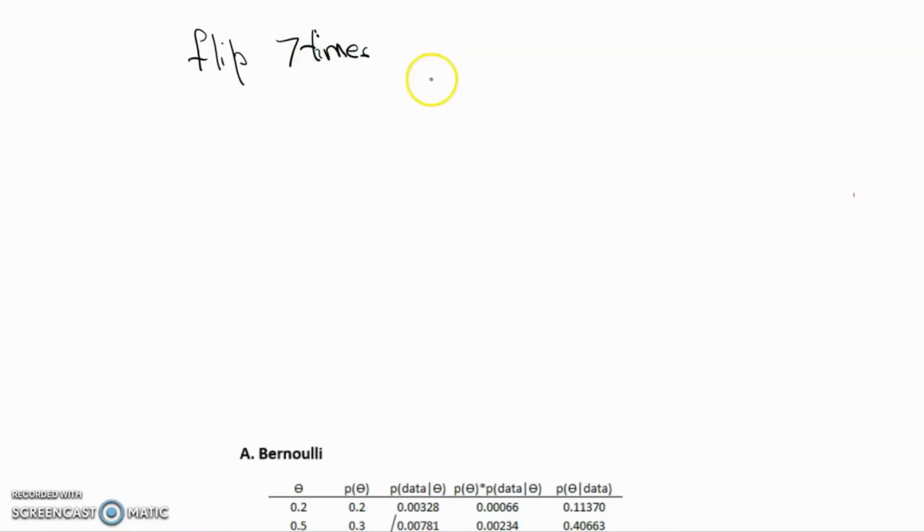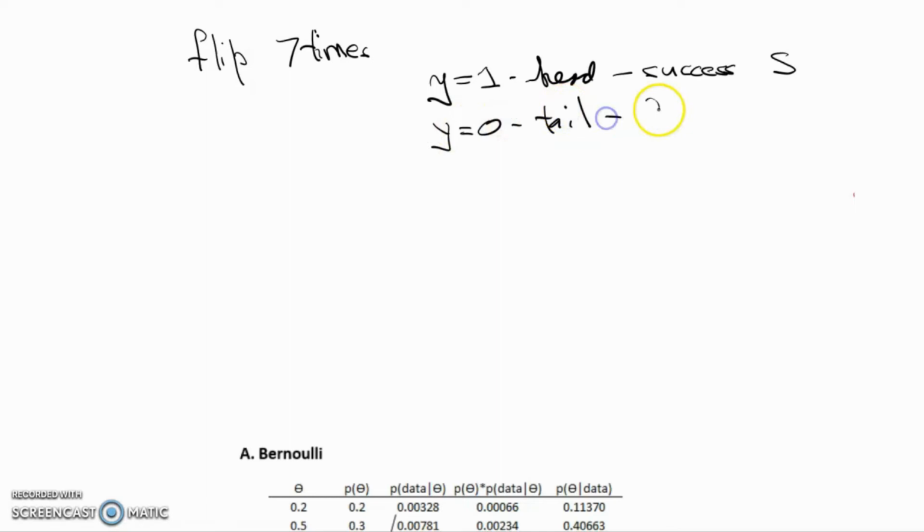And my dependent variable, y, is going to be equal to 1 if it's a head, and I'm going to view that as being a success represented by a capital S. Y is equal to 0 occurs when the outcome is a tail. That's a failure, which I will identify as F.